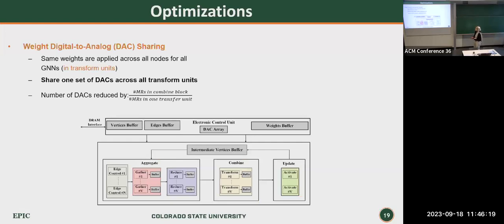Next, another optimization is the weight DAC sharing. This is based on the idea that in the transform units, when performing the linear transformation in GNNs, the weights are shared across all nodes in the same graph. Accordingly, we don't need separate sets of DAC arrays for each transform unit. We can just have one set of DAC array that converts the values to the analog domain to tune the MR devices at once, and then share these values across all transform units.